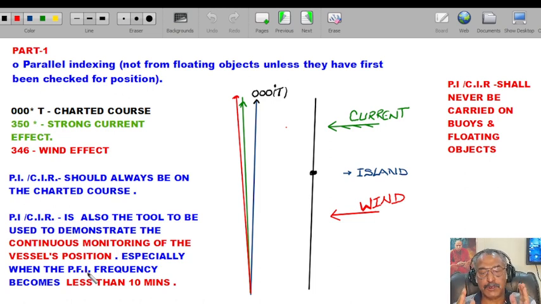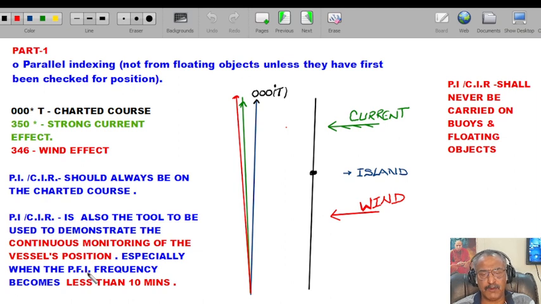In case your position fixing interval comes to less than 10 minutes and you are in a coastal passage, it becomes difficult to plot the position every 5 or 6 or 7 minutes, because even if you plot the LOP, it will take you approximately 3 to 4 minutes.